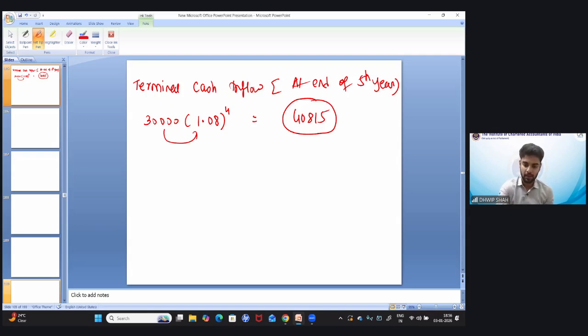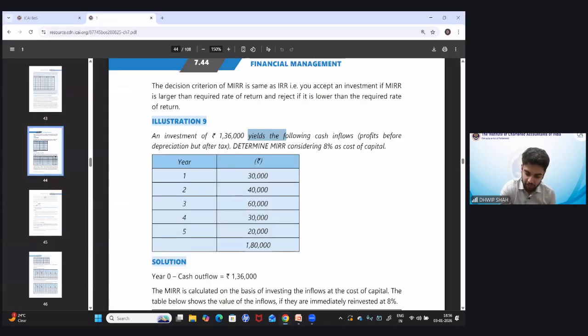Everyone understood? Query? At least 8%, correct? Because that is your cost, you need at least that much. Likewise, the cash inflow of the second year would be further reinvested for another 3 years.